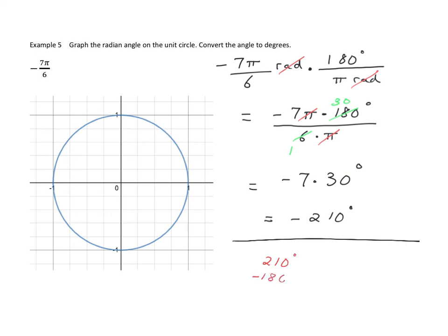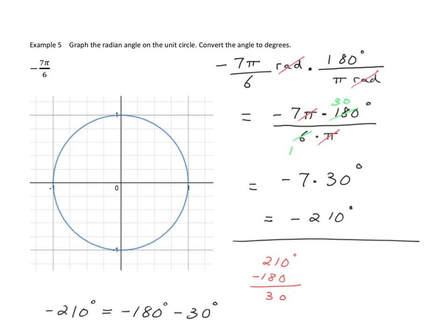If I take away 180, what I have left over is 30. This is telling me that going negative 210 is the same thing as going backwards, negative 180, followed by 30 degrees more. So let's actually write that out. Negative 210 degrees is the same thing as going backwards, negative 180 degrees, followed by another 30 degrees.